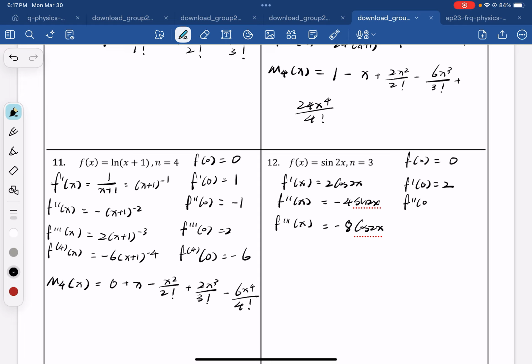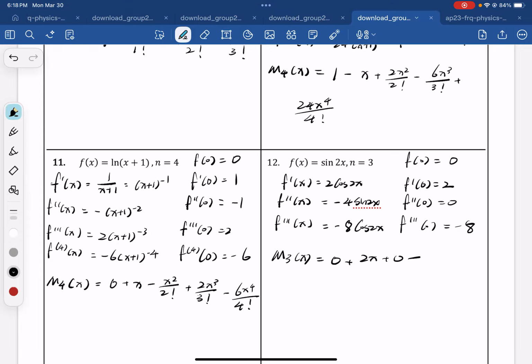So the Maclaurin polynomial for f of x equals sine 2x of degree 3 is M3 of x equals 0 plus 2x plus 0 minus 8x cubed divided by 3 factorial. And that's it.